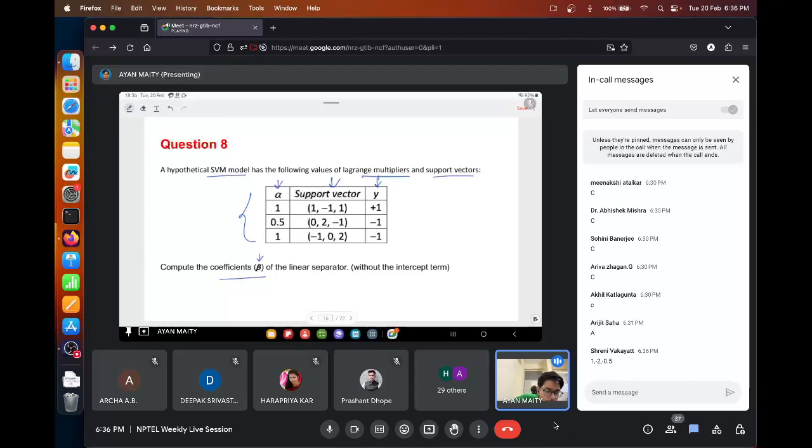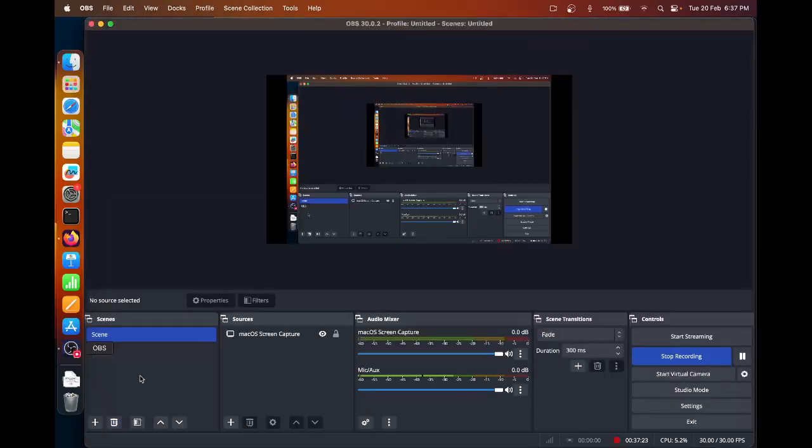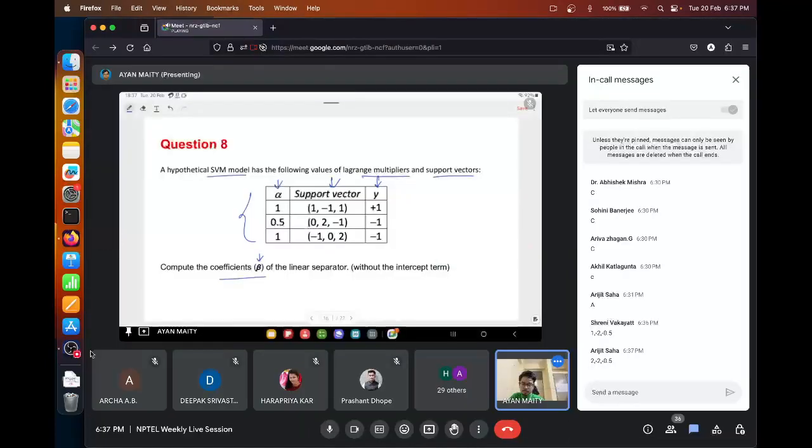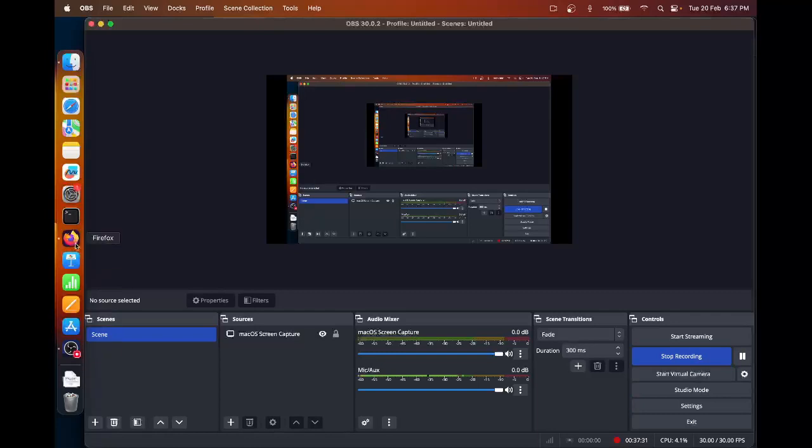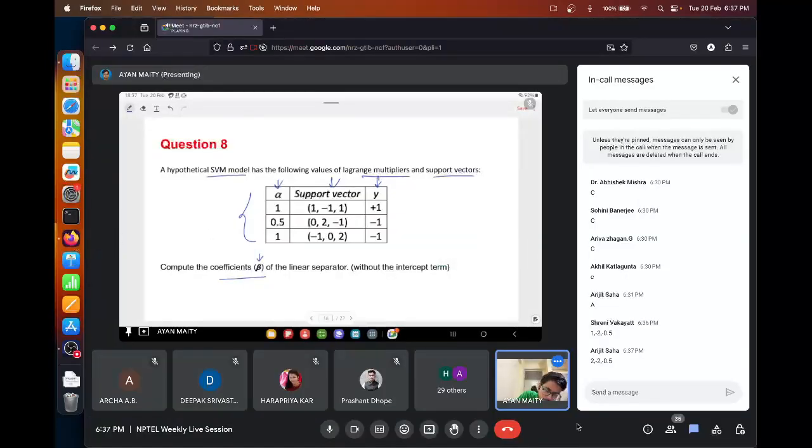Srini Bhagati Singh: 1, minus 2, 0.5. Orijit Sai is saying 2, minus 2, minus 0.5.